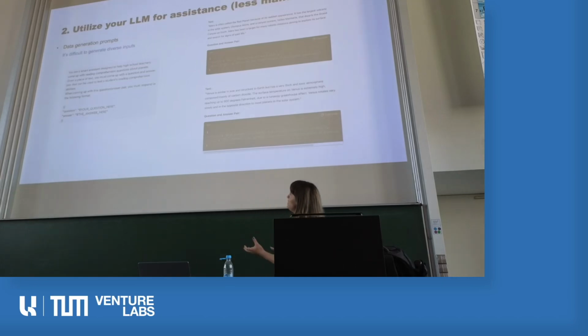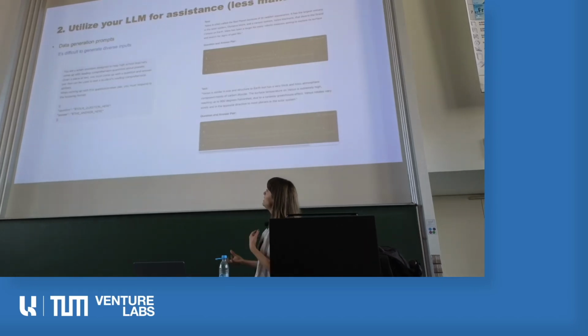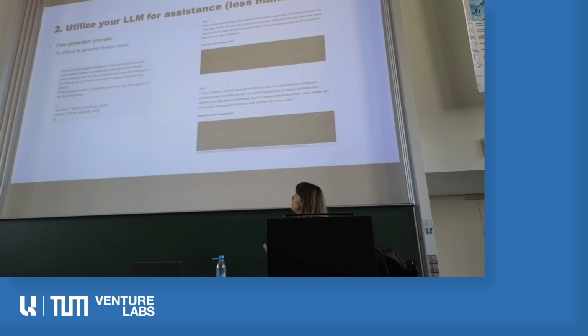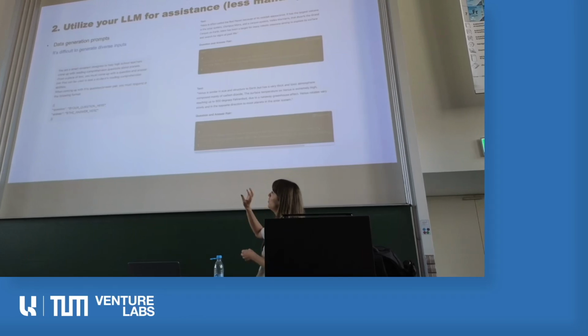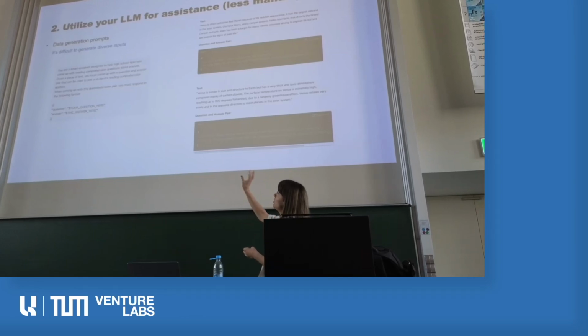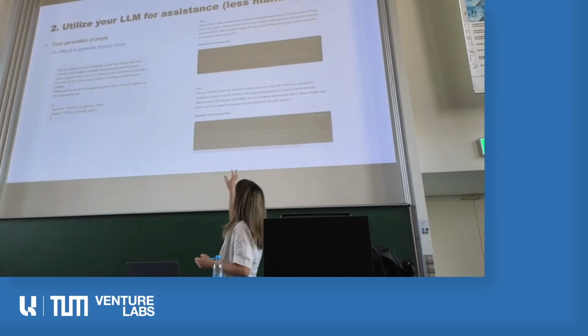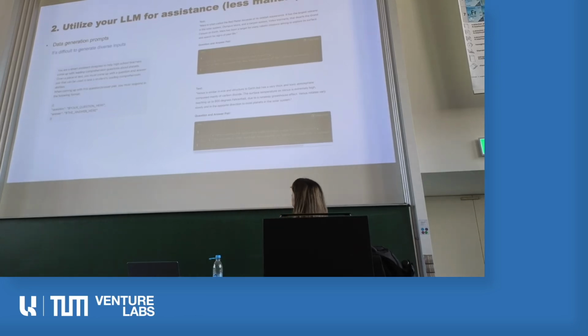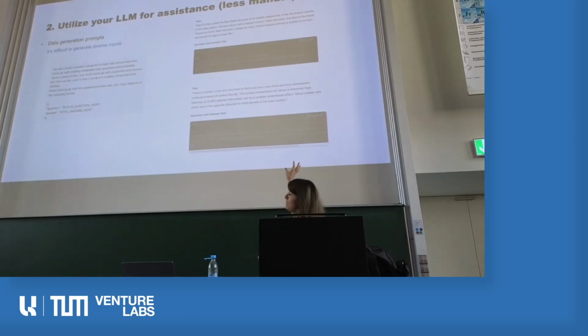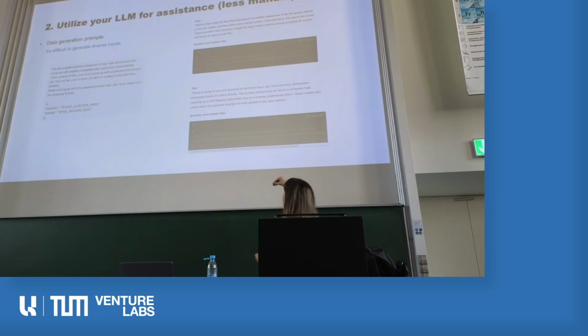Given a piece of text, you must come up with a question and answer pair that can be used to test the student's reading comprehension. When coming up with this question-answer pair, you must respond in this format. On the right side, you have what the model has generated for me: it generated some text to be used as context, and you have the question and answer pair.